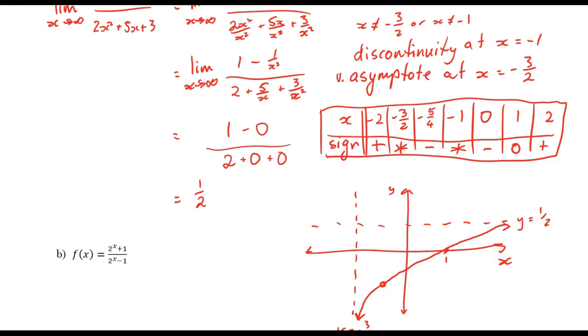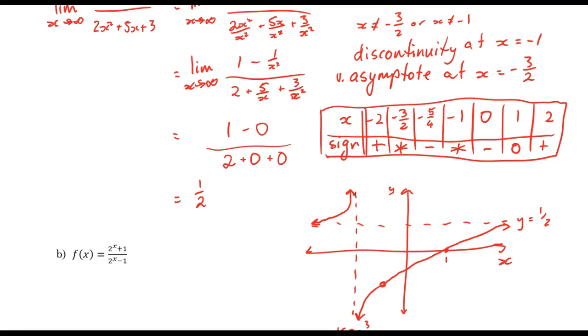Between 1 and negative 1, it's negative, then a discontinuity. Between my discontinuity there and negative 3 over 2, I'm still negative. And anything less than negative 3 over 2 is positive again. So my vertical asymptote and my horizontal asymptote. Okay, so that's my function there.